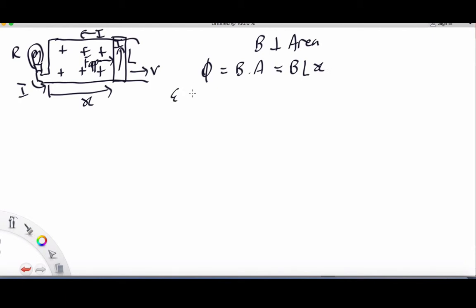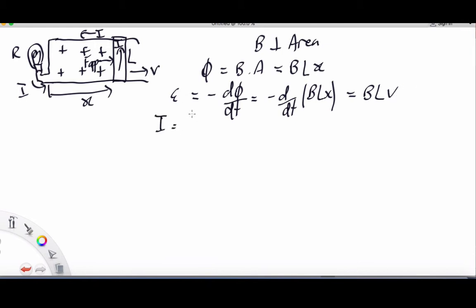Then the EMF, which is the rate of change of flux, is going to be minus d/dt of BLx. B is a constant, L is a constant, and dx/dt, the rate of change of the distance, is just the velocity v. So the current is then E over R, which is BLv over R.